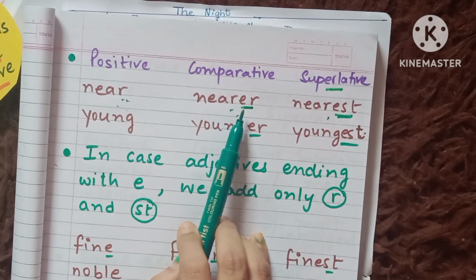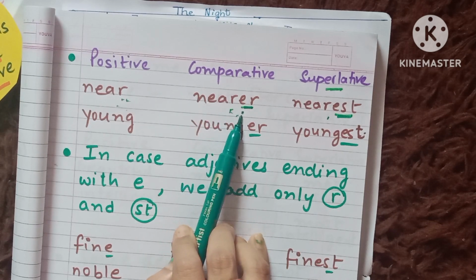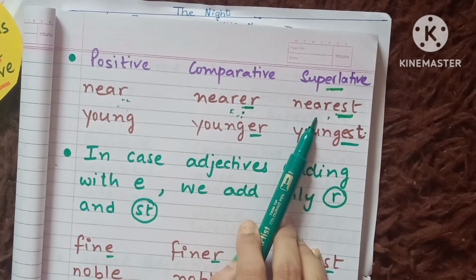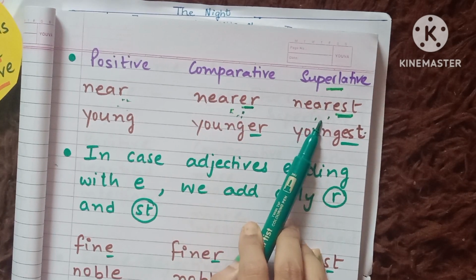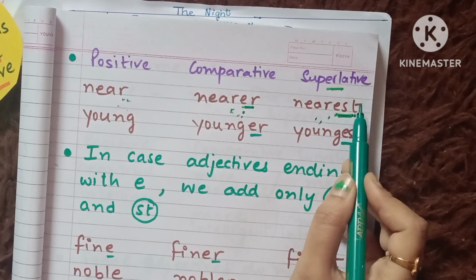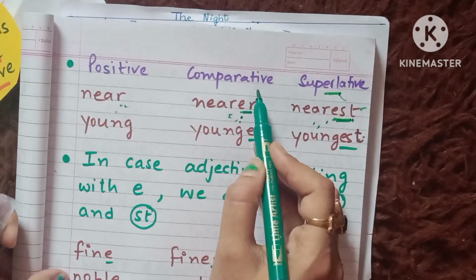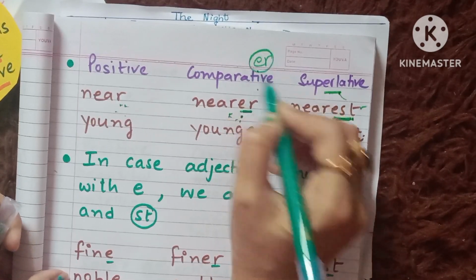Ria's house is nearer, because Sheena's house is a little farther than Ria's house. But the teacher's house is the nearest. So for the one which is nearest among all, we are adding EST. The superlative form is EST. The comparative form is ER.